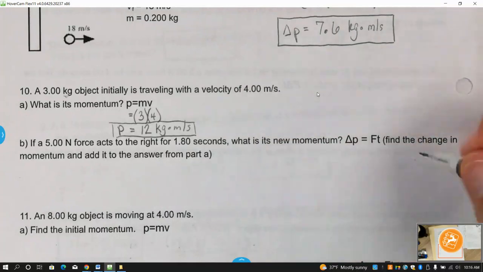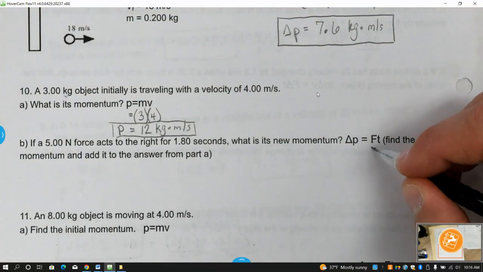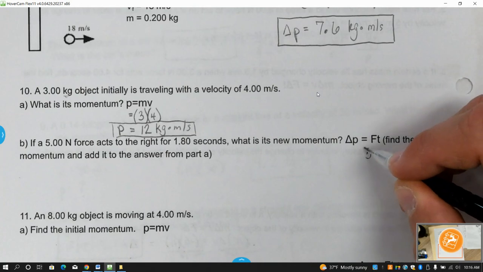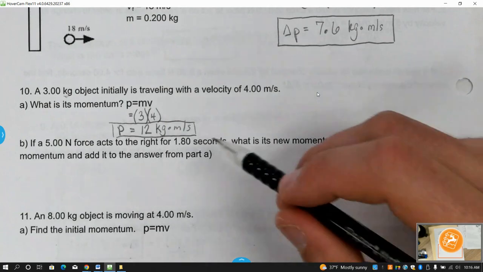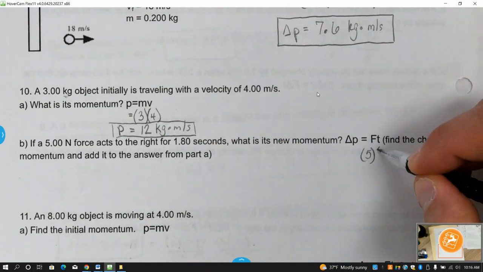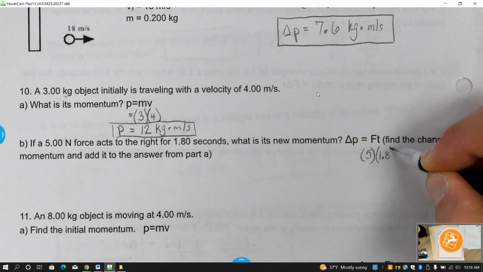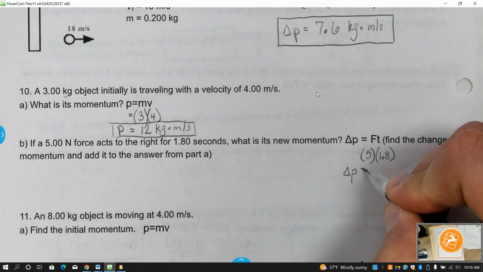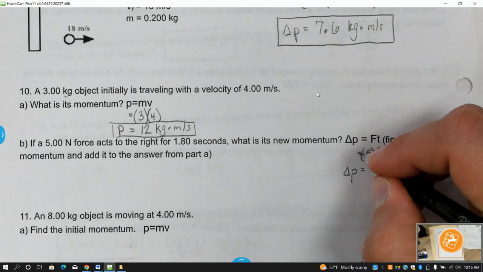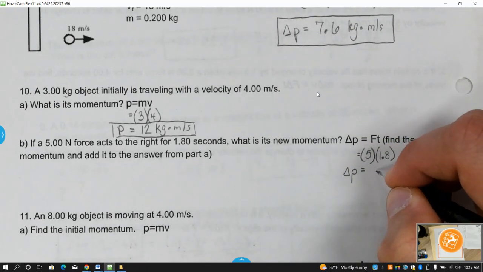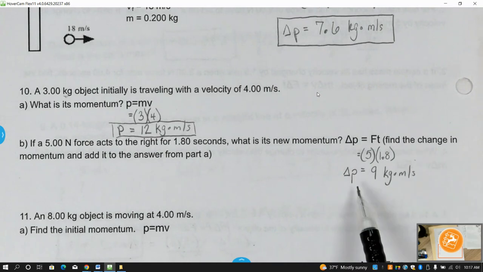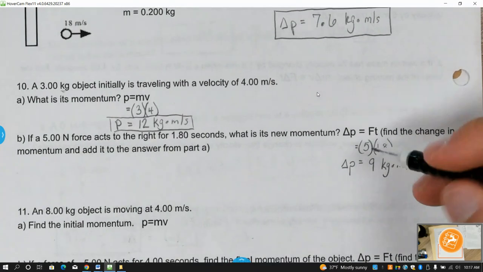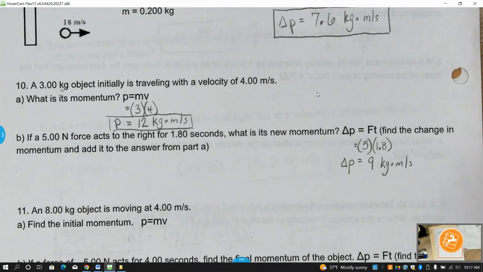Newton is the unit for force, so 5 goes under F. Time has the unit of seconds, so this 1.8 goes under t. So the change in momentum is 5 times 1.8, which comes out to 9 kilogram meters per second. I've increased my momentum by 9.